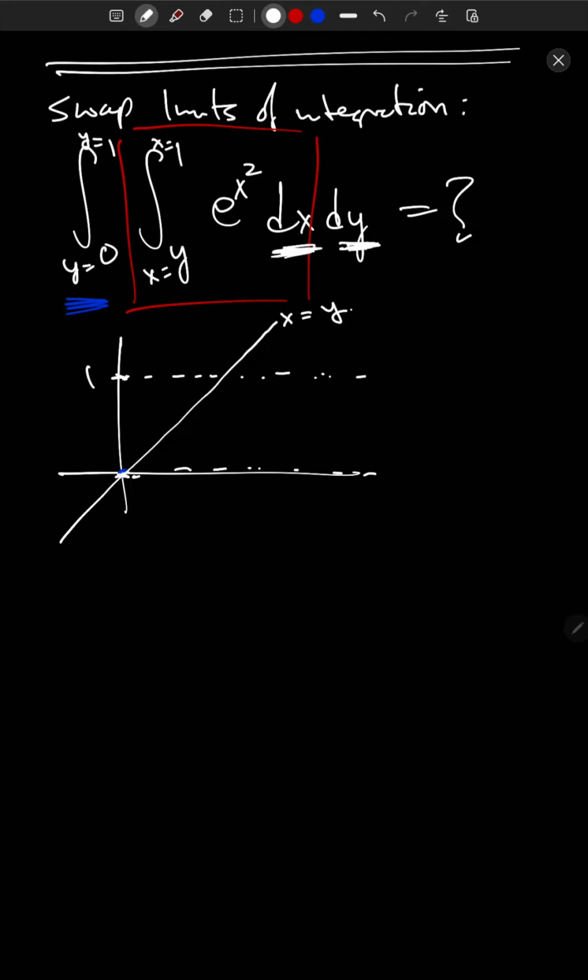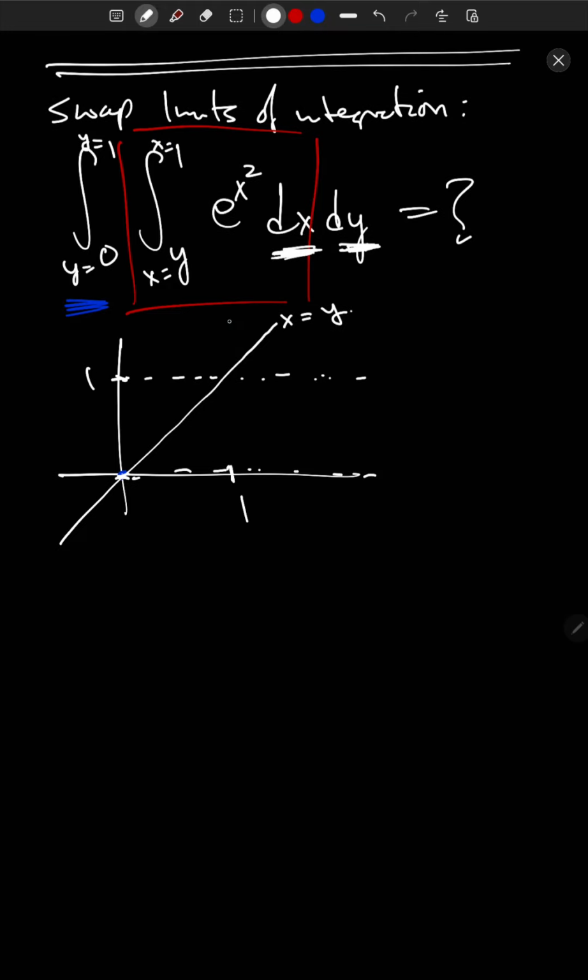It's going to end at x equals 1, right? So x equals 1 is a vertical line, and it looks like this, with the intersection point right there.